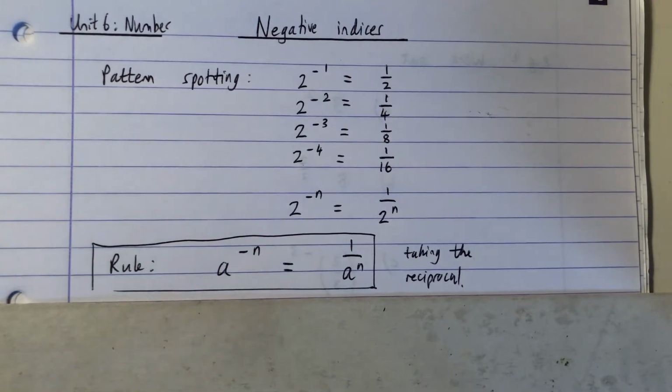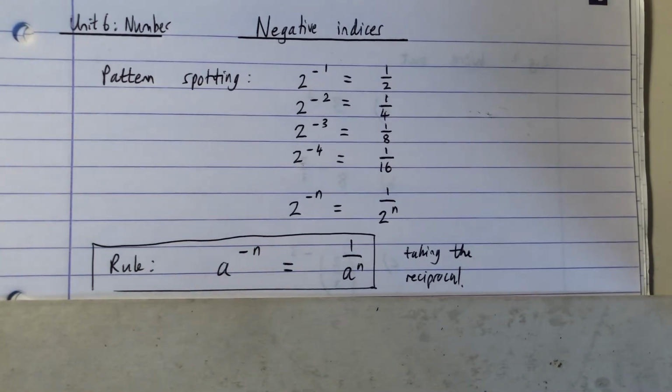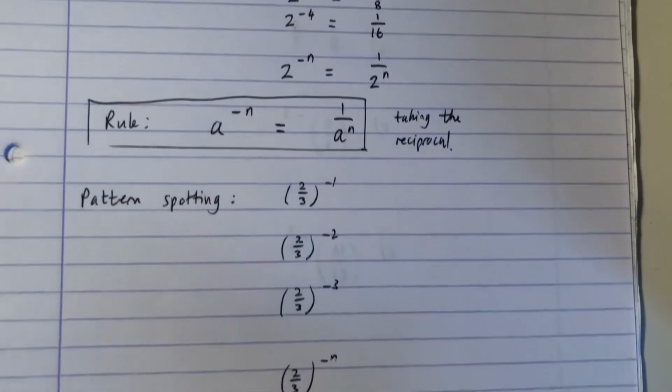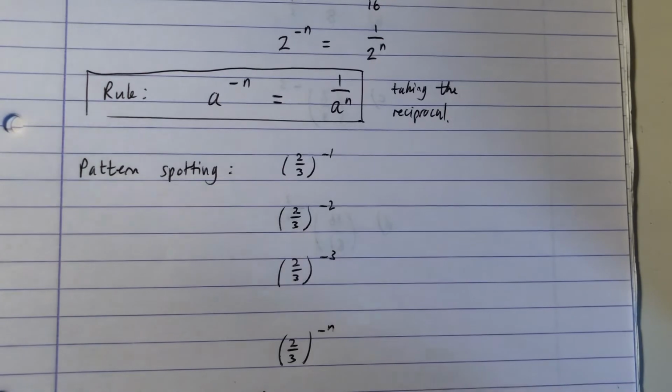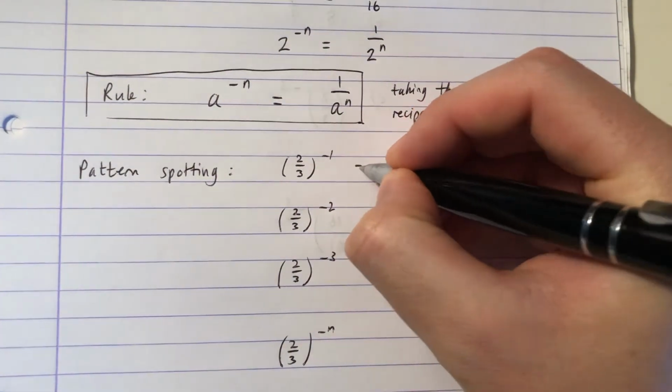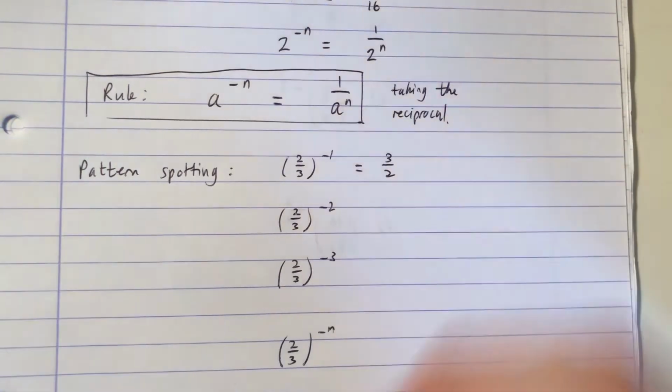Now, the problem is the base doesn't have to be a whole number, it could be a fraction. So let's try and spot the pattern if we extended it to fractional bases. So the first one, if you type that into your calculator, would give 3/2.